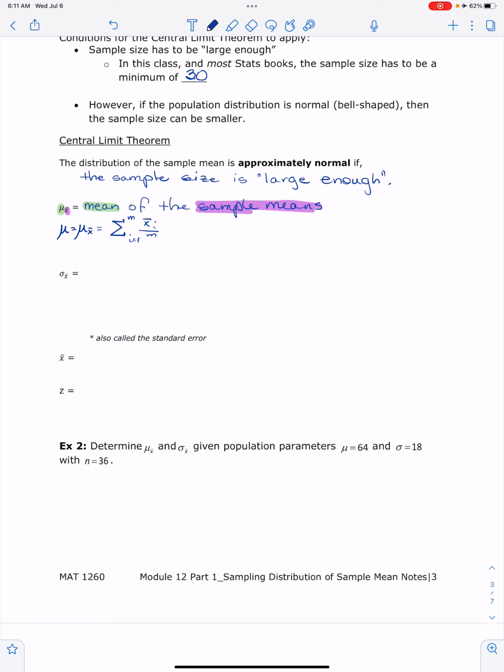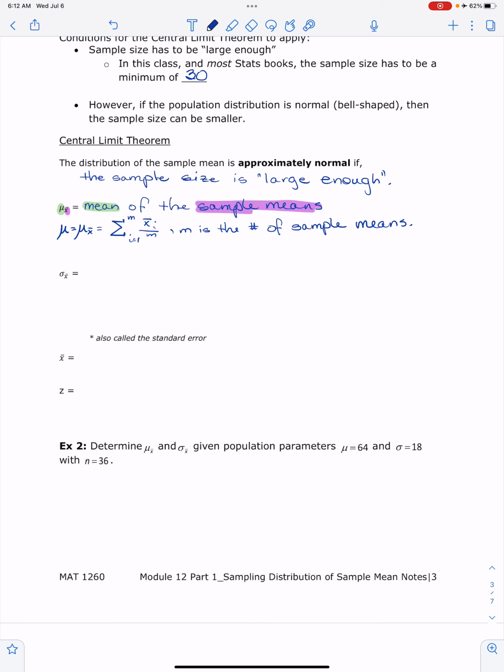When i is 2, that is my second. I'm going all the way up to m, my last sample. I am adding all those sample means together and dividing by the number of samples we have. So m is the number of sample means. You will never have to do this. It is important to know the notation, though, that mu sub x bar, you are going to need to use that.